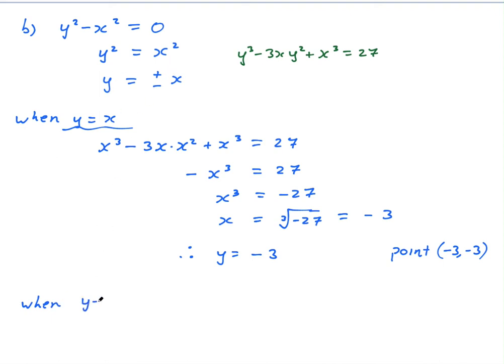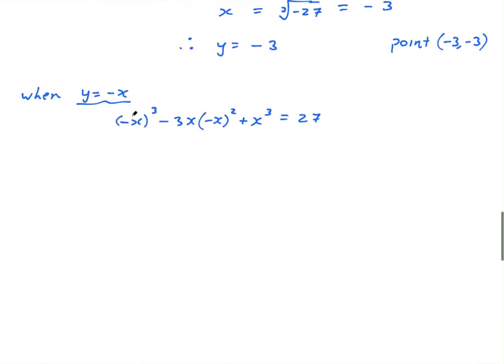My second one is when, because remember y can be positive x or negative x, y equals negative x. So I'm going to sub in negative x here. So I have negative x, don't forget my brackets, cubed, minus 3x times negative x squared plus x cubed equals 27. Negative x cubed is negative x cubed.